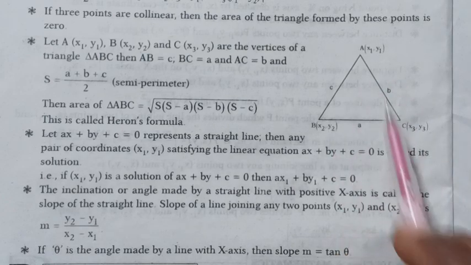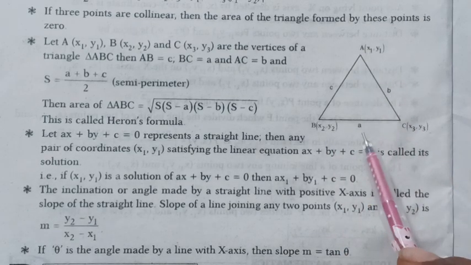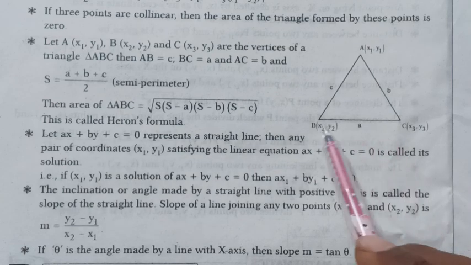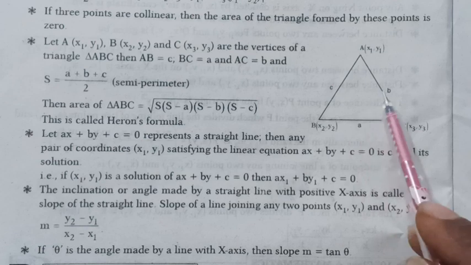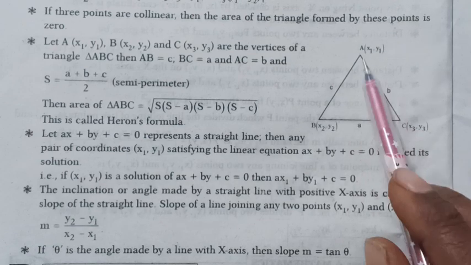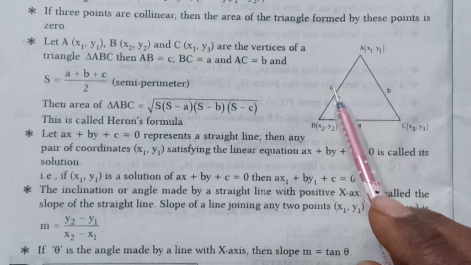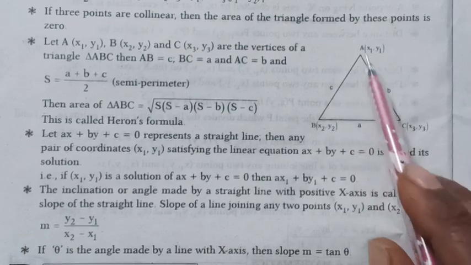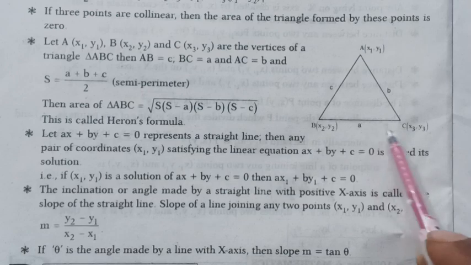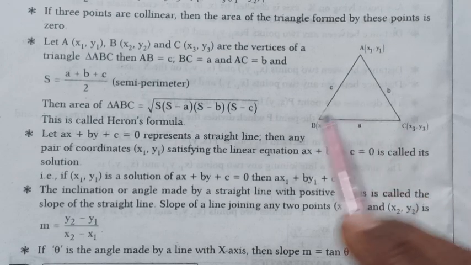Draw triangle ABC. The side opposite vertex A is a, the side opposite B is b, and the side opposite C is c. Just write a, b, c.